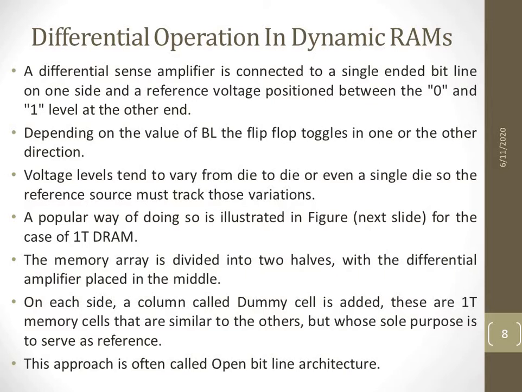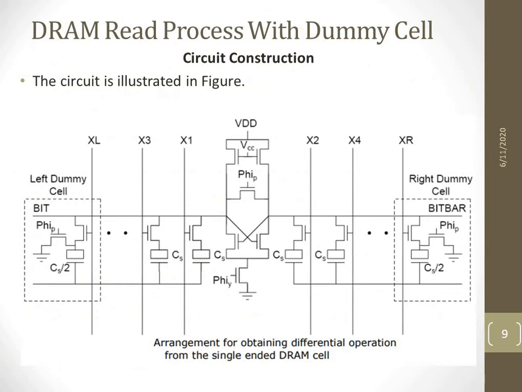These have storage capacitors and are 1-bit storage cells. So the left dummy cell is not to store but to act as a reference, and likewise the cell on the bit bar side again acts as a reference.